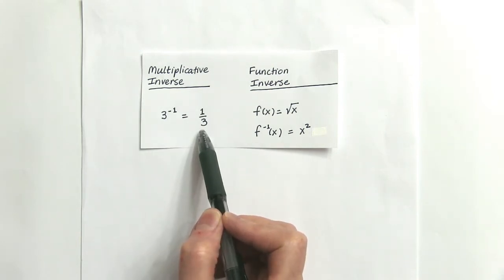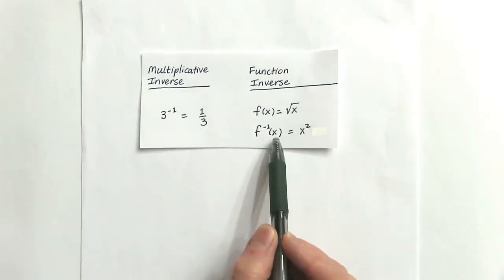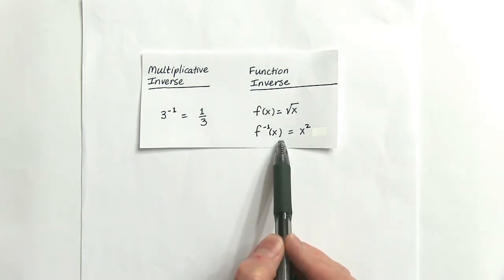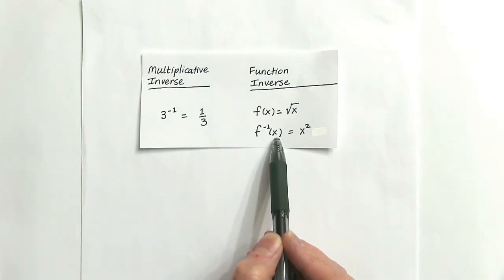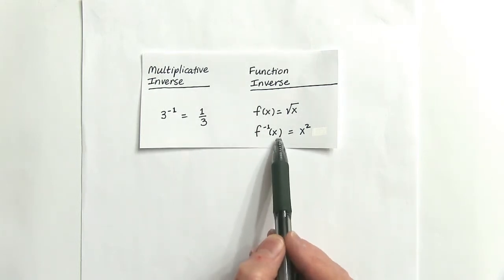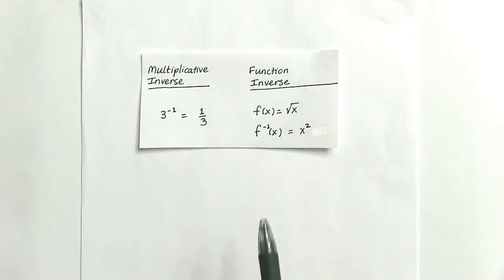It's that number that when I multiply it by 3, I get 1. And function inverse is composition inverse. So it's the inverse that when you do function composition, you get x back. So function inverse is not the same as multiplicative inverse.